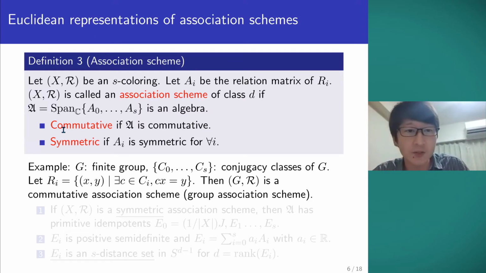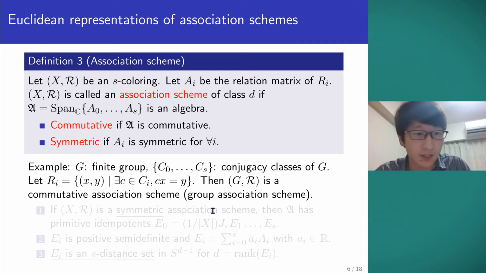Moreover, an association scheme is said to be commutative if the algebra is commutative. Here the multiplication is the usual multiplication of matrices. An association scheme is said to be symmetric if A_i is symmetric for any i.